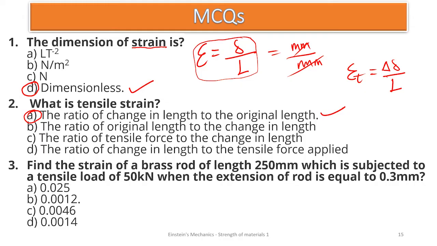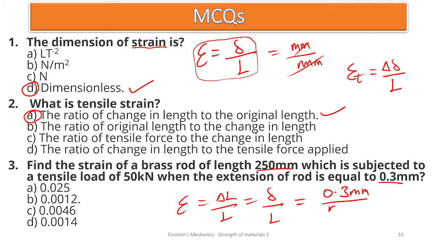The same thing, strain is change in length over the original length or the deformation produced on the length, and here we are seeing that there was an extension of 0.3 mm and the original length of the rod is 250 mm. So dimensionless, it will cancel out, and when you punch this you are going to get 0.0012. So the answer is B. Are we okay?